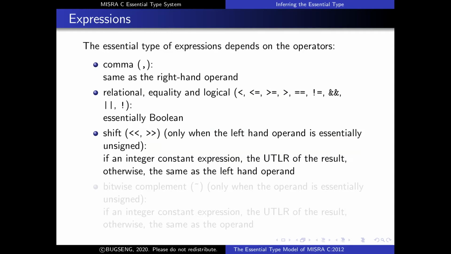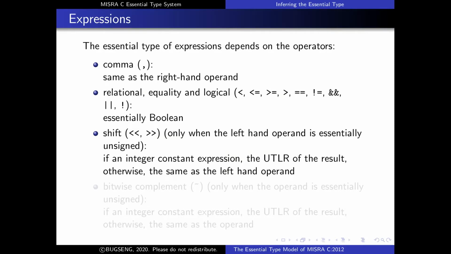And otherwise, if the result is not a constant at compile time, then the essential type is the same as the left-hand operand. So I have to explain why this rule is only valid when the left-hand operand is essentially unsigned. The philosophy behind MISRA C on this matter is as follows. If you play clean, then the essential type system will give you something.